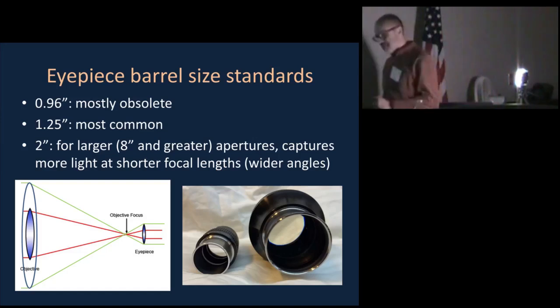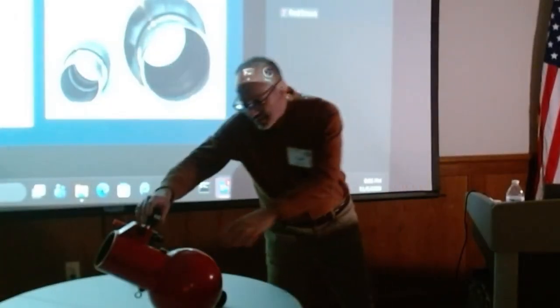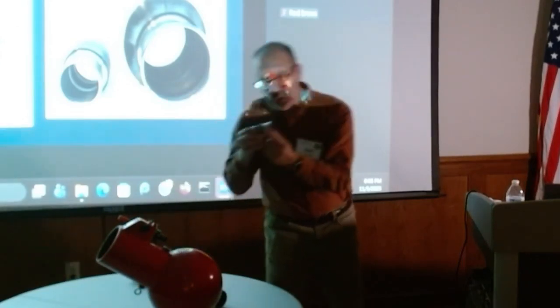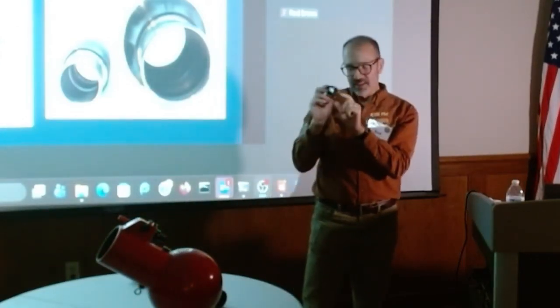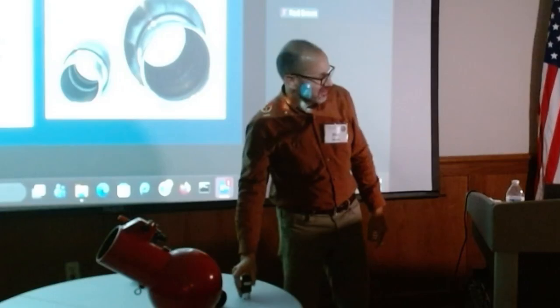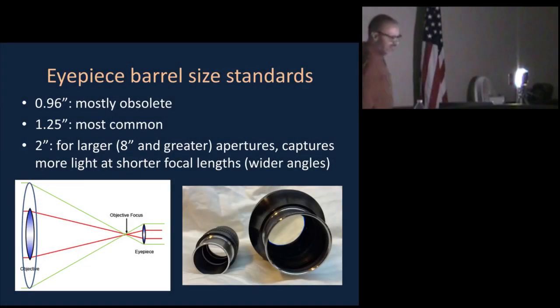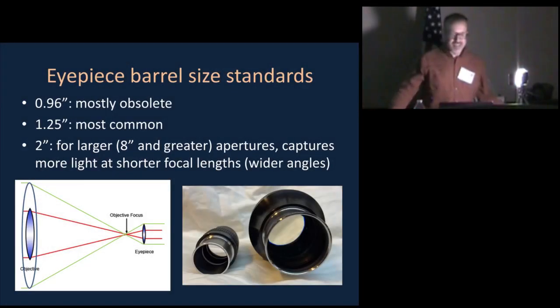Most are going to have these eyepieces. This is the 1 1/4" standard, very common, and you will see those used everywhere. And another standard is 2 inches, and that obviously gives you a much bigger diameter. And for certain uses, that allows you to capture more light.